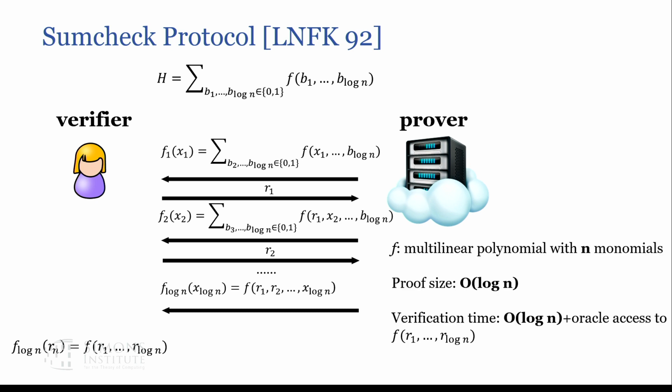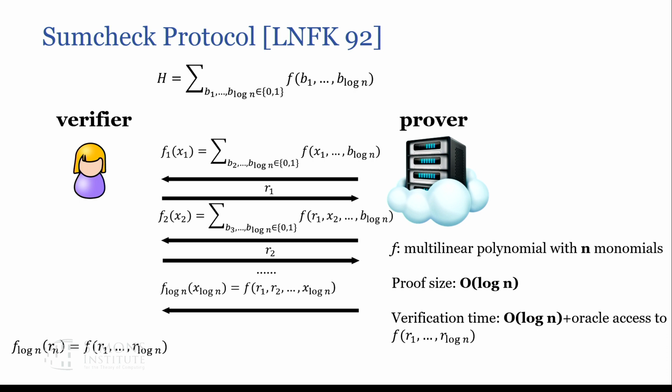And some of the features. So as I said, if f, for example, is multilinear, that's the one we are going to use for this talk, there are exactly n monomials or n coefficients for a multilinear polynomial with log n variables. Okay? But the proof size of Sumcheck protocol is only order of log n, because there are log n rounds and the size of each univariate polynomial is constant.